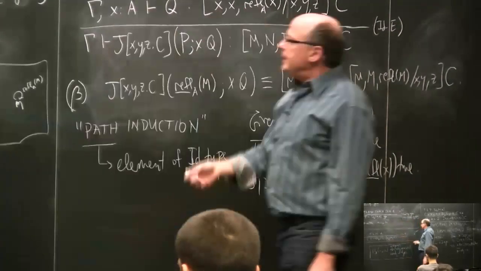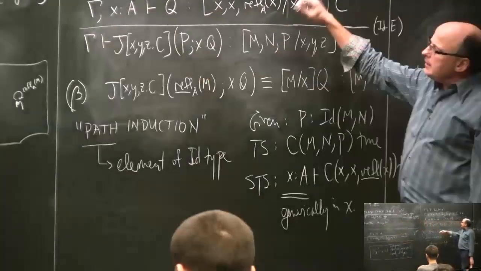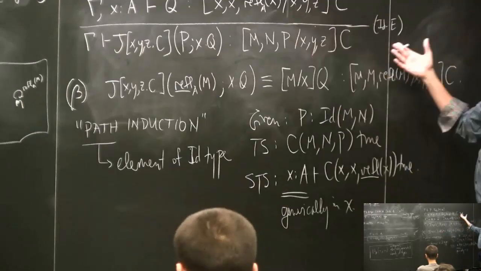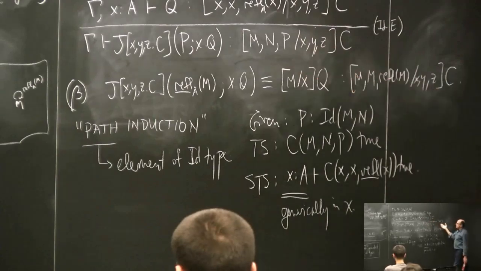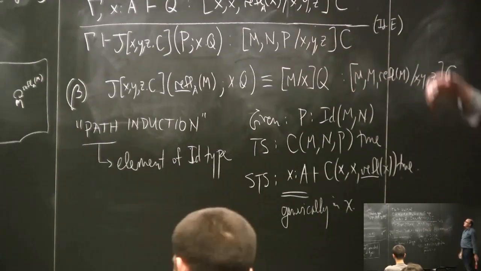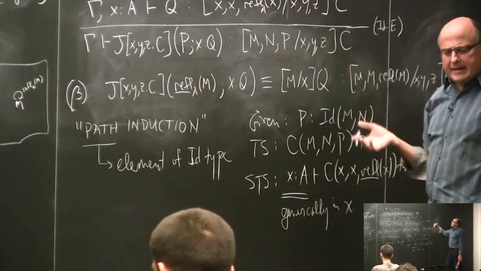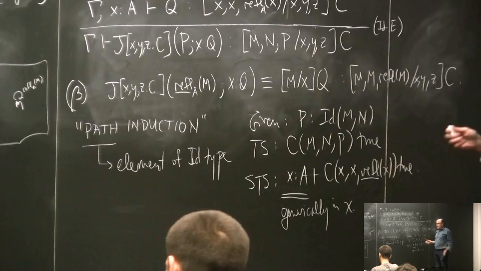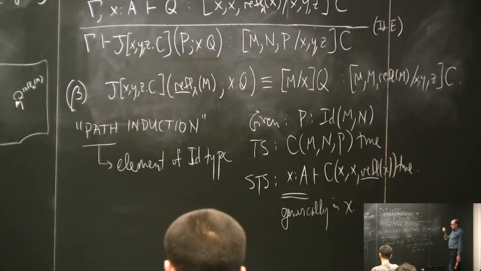And the only intro rule is reflexivity, and you can kind of feel that what I'm doing here is inverting the introduction rule to say something in general about any path by reasoning about reflexivities. And that probably feels good at a high level, that should feel natural given everything we've said so far.